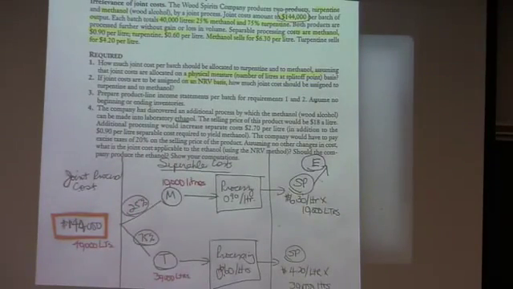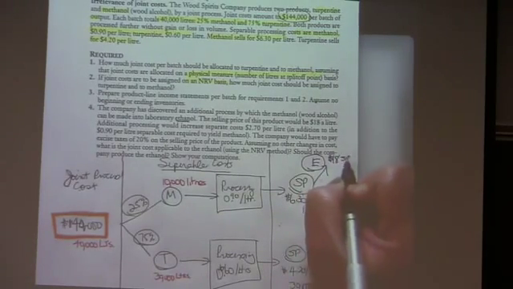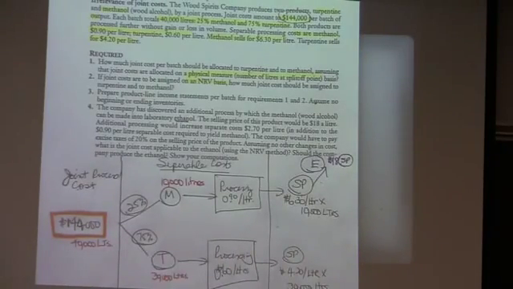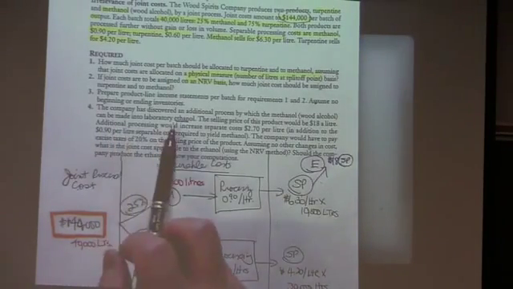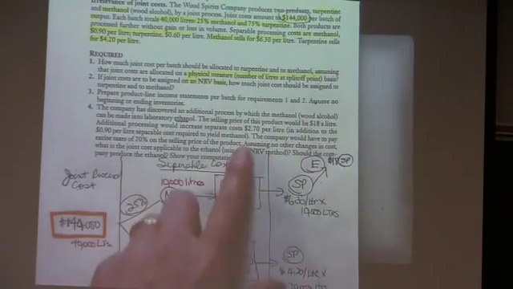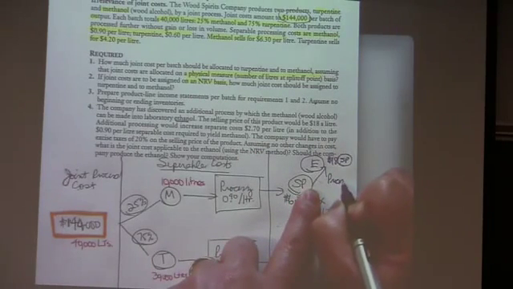Now the selling price is $18 per liter. So let me write that down. SP, selling price, is $18 per liter. And additional processing cost would increase by $2.70. So we've got a processing $2.70.